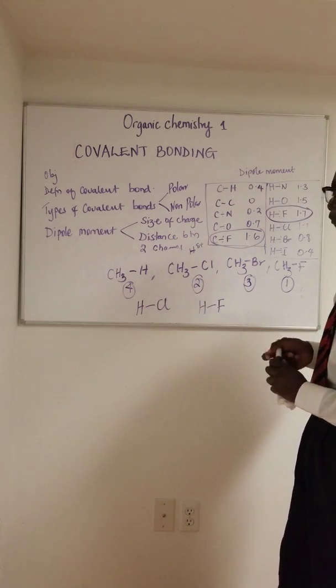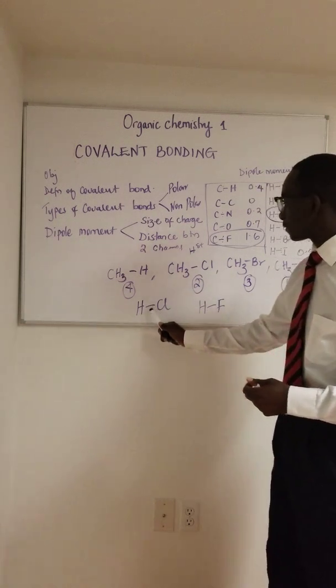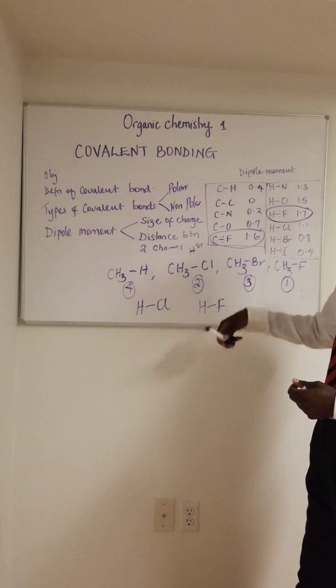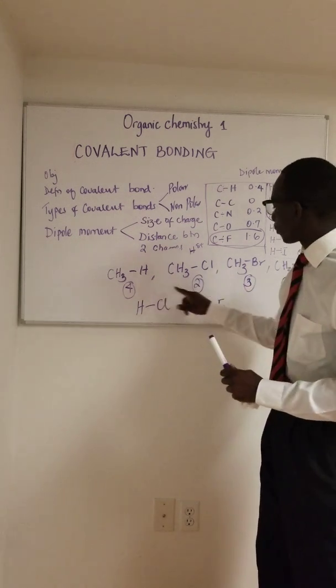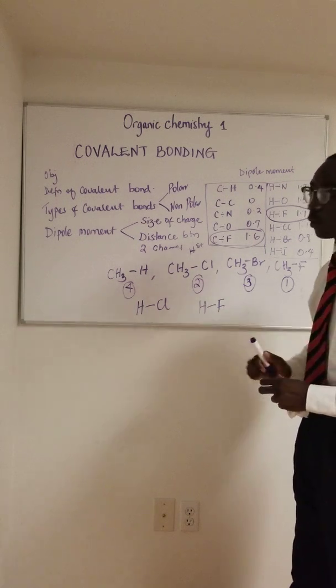So you answer, if they ask why HCl has a smaller dipole moment compared to HF, it is because fluorine is more electronegative than chlorine.